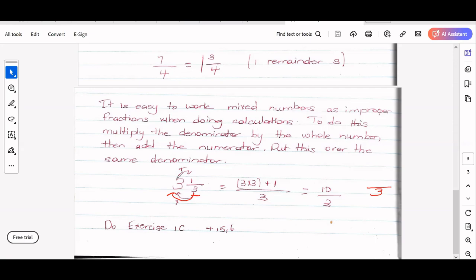So 3 3s are 9, and the result we add. So you see, you're just going in a clockwise direction. Multiply, 3 3s are 9, the result, you add. So 3 3s are 9, plus 1 is 10. And that's how you change a mixed number into an improper fraction.